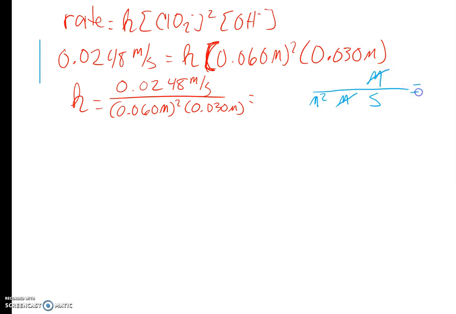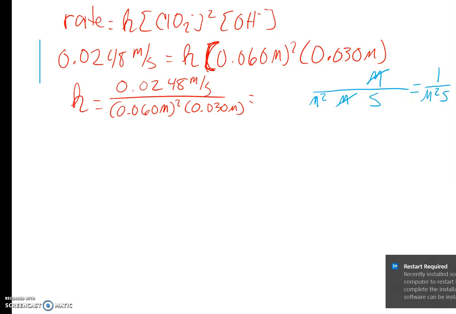So our k value is going to have units of 1 over molarity squared seconds. This makes sense because we are looking at a different order. Remember that k will always have different units based on what kind of overall order you have. So here we have 2 plus 1, so we have a third order. That means all third order reactions will have a k unit of 1 over M squared s.